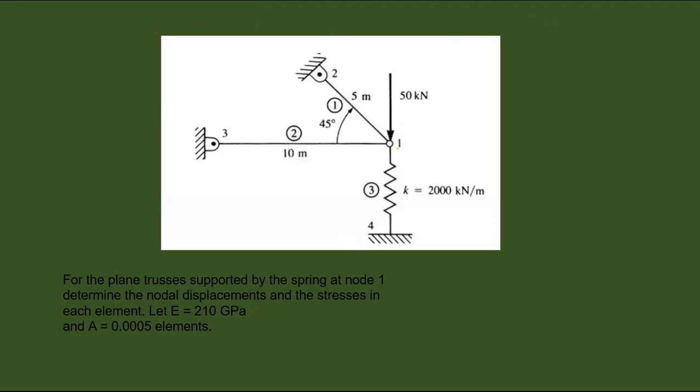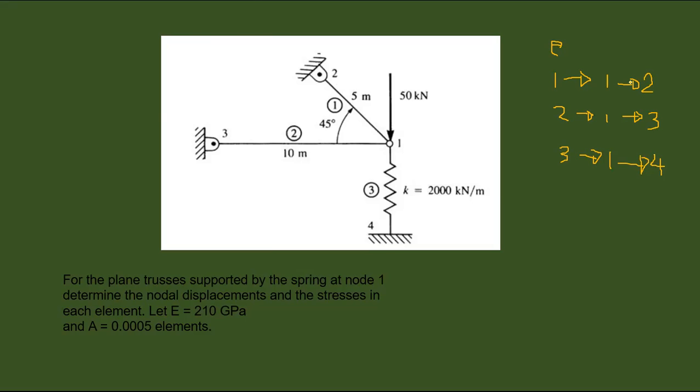For example, element 1 is from 1 to 2, element 2 will be from 1 to 3, element 3 is a spring, and element 4 is from 1 to 4. Doesn't matter even if it has only axial loads.